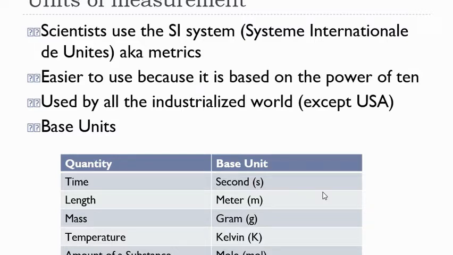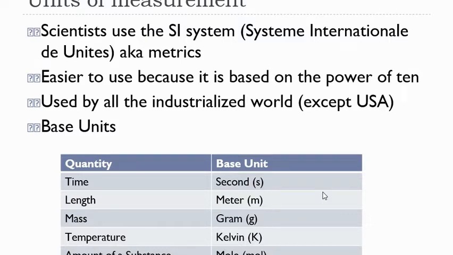We use it. Most of our lab equipment is based on this. It's much easier to work with than the standard system that we currently are working in. For example, if you're working with recipes and they're calling for 2 cups of something and you want to make a large amount, how many gallons would that be? I have no idea how many cups are in a gallon. I would have to look it up.